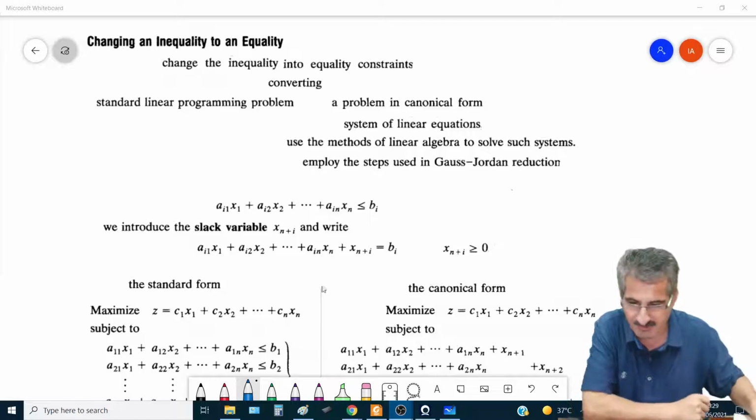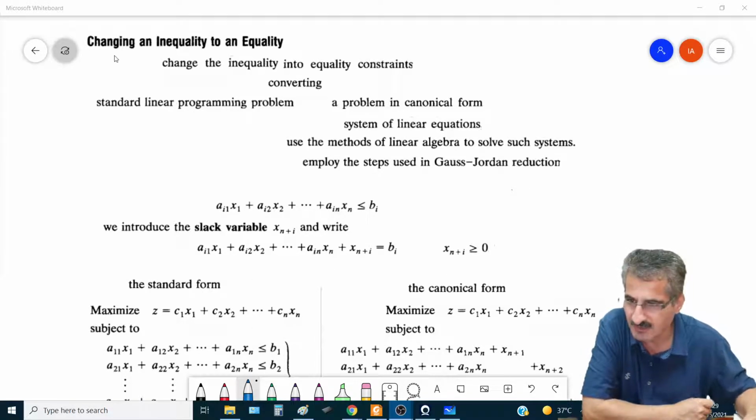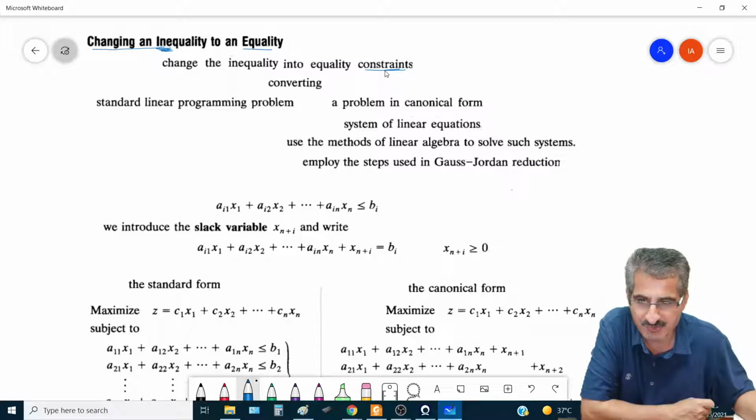So this is what I'm saying here. We want to change the inequalities to equalities. We are talking about the constraints. Doing so, we will be converting the standard linear programming problem to a problem in canonical form.